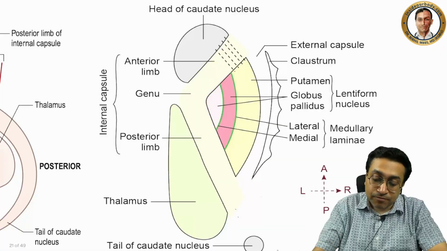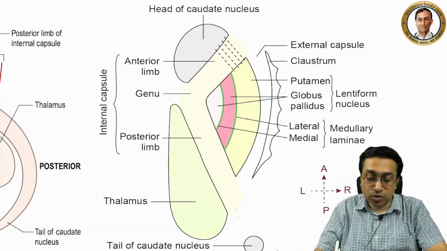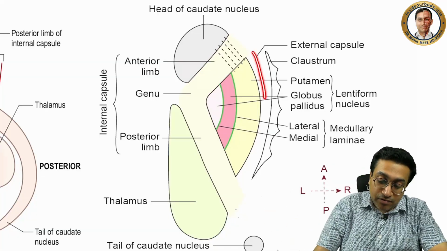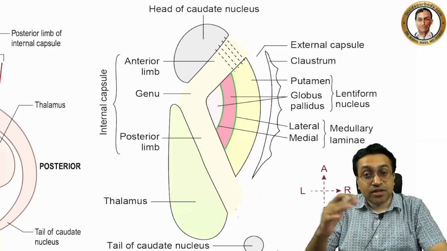Then you see, outside the lentiform nucleus, very important MCQ, recently asked as an image based question in the INI-CET AIIMS pattern exam. This is again white matter only. What is this? This is the external capsule.